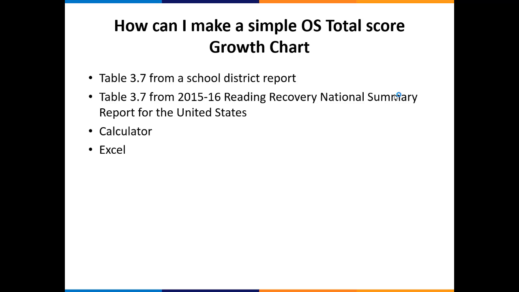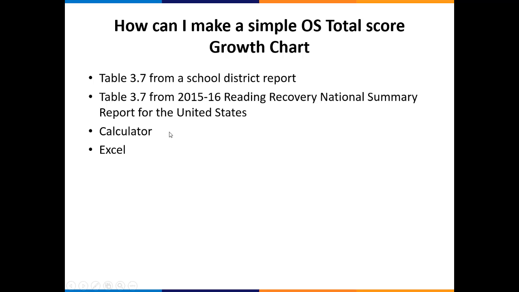All right, so we're going to go on to our next example about how can I make a simple OS total score growth chart. Once again, we are going to use our table 3.7 from a school district report because in this sample, we're going to compare the results to the national random sample. So we'll also need table 3.7 from our Reading Recovery National Summary Report for the United States.